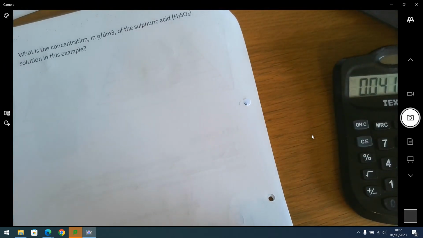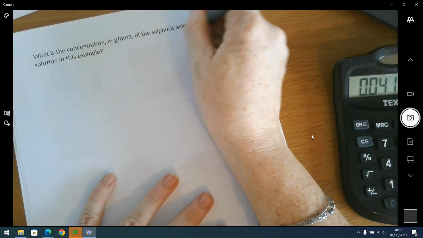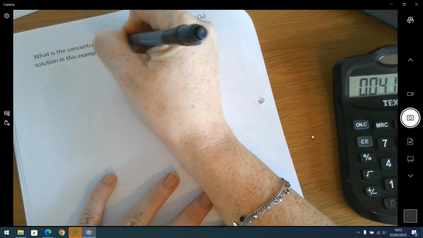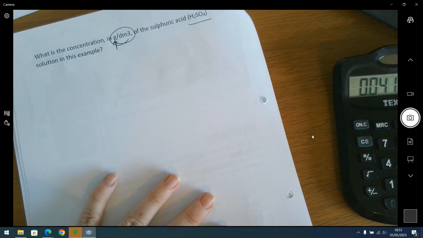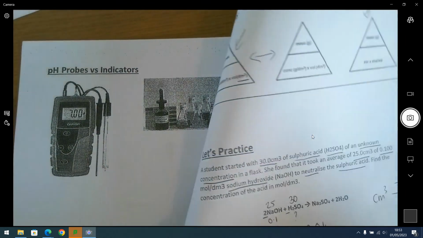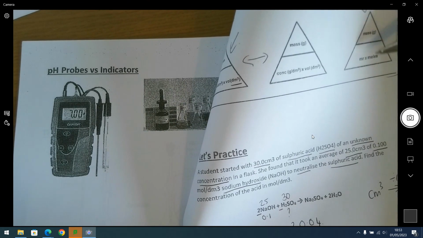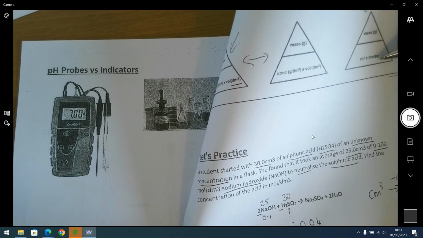And it then says, well, what is the concentration going to be in grams per decimeters cubed of sulfuric acid? So you can see I've got to do something to get a mass of some kind. And if you look on my previous calculation, you can see that I've got 2 calculations that involve mass. I've got mass is formula mass times by moles.